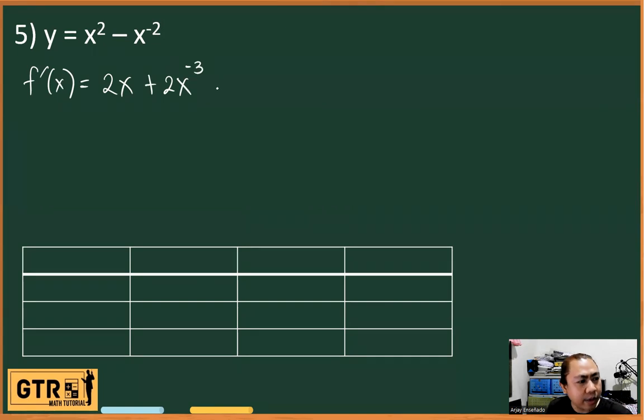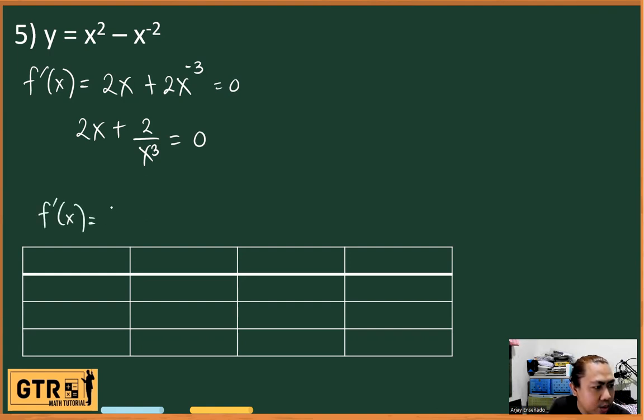So let us equate to 0. Simplify first. So we have 2x. So change to positive exponent. So that is equal to 2 over x cubed. So we have f prime of x equals 2x plus 2 over x cubed.